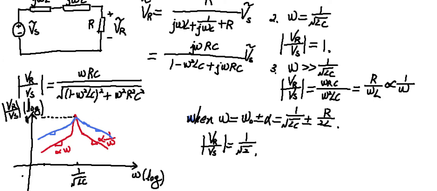That is, when your frequency is chosen to be away from the resonance frequency by alpha, then this peak will drop to 1 over square root 2, which is 0.707. So on this side is alpha, on the other side is another alpha. So this line width is about 2 alpha.